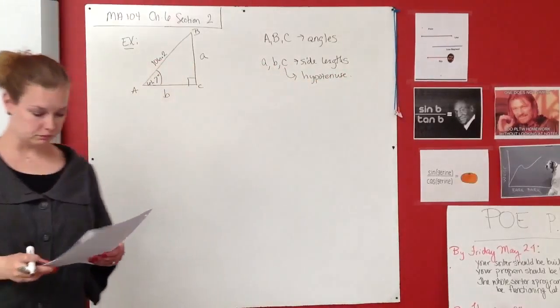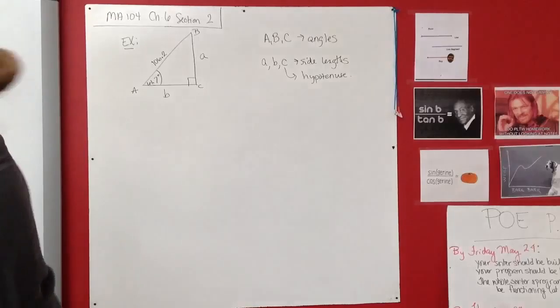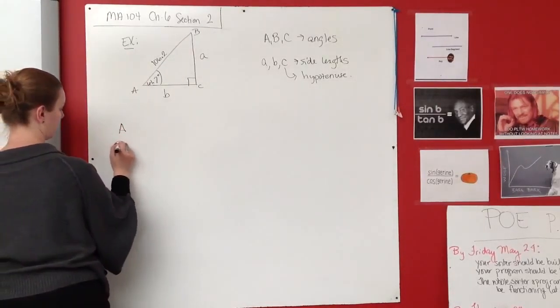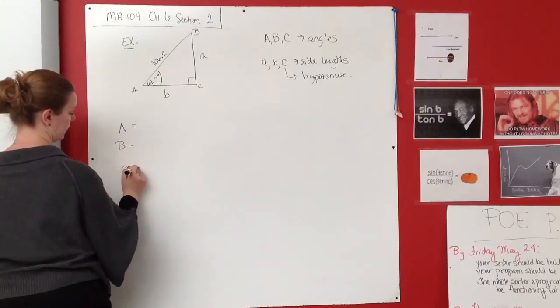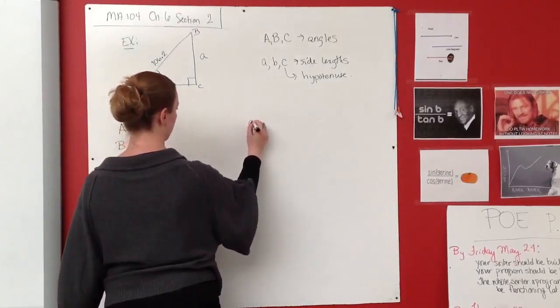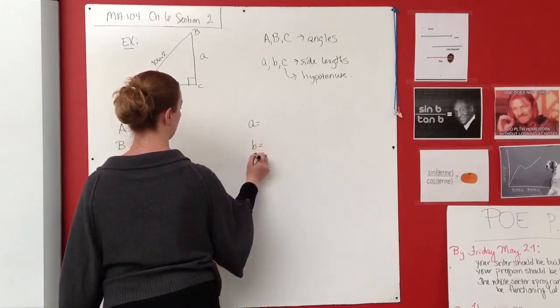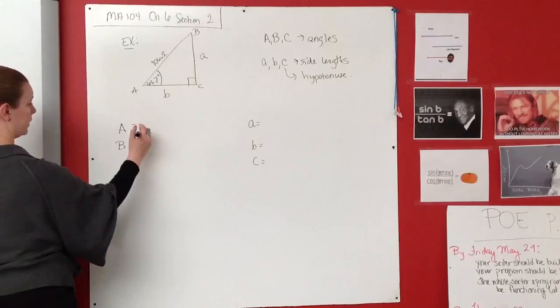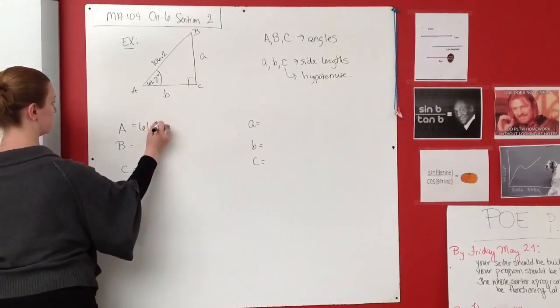Okay. So here we want to solve this triangle. Well, that means that we need a value for capital A, capital B, capital C. We also need a value for a, b, and c. So let's fill in what we already know. We already know that angle A is 61.7 degrees.